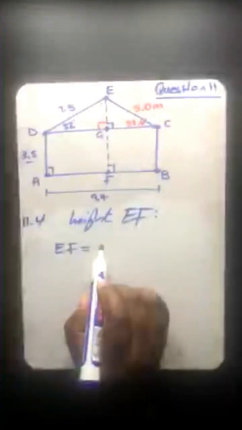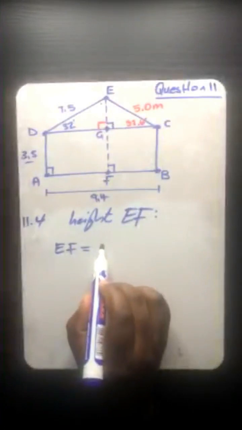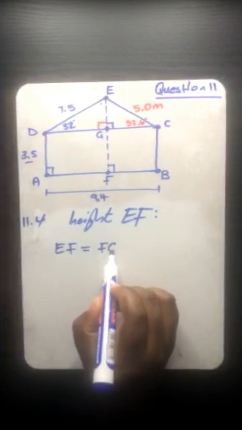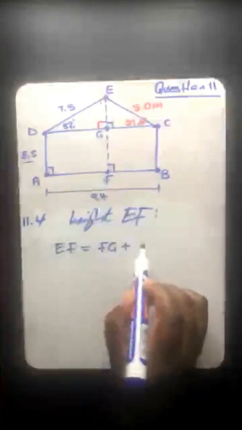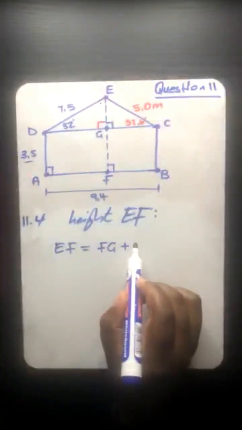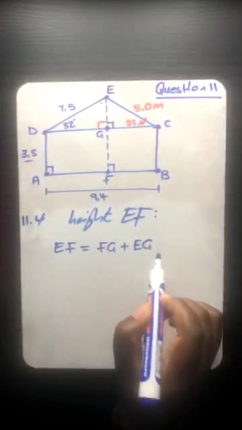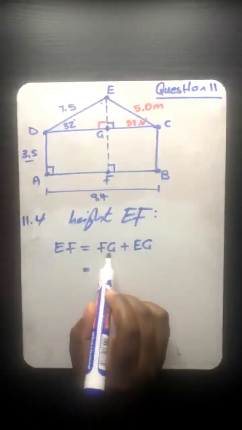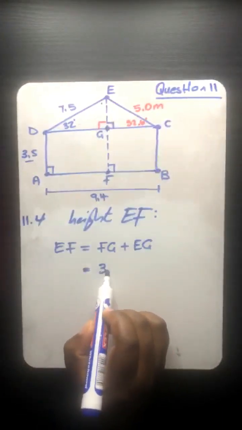EF is going to be equal to from there to there. That means you have FG plus EG. We know that FG is equal to 3.5.